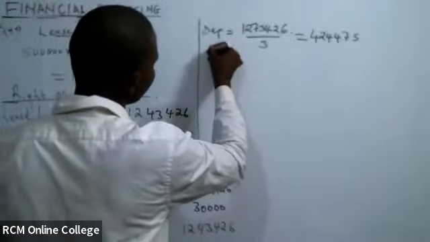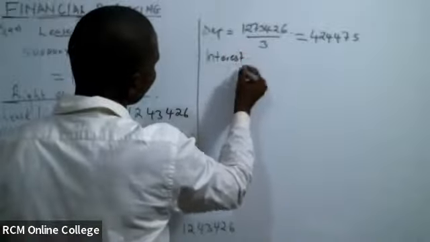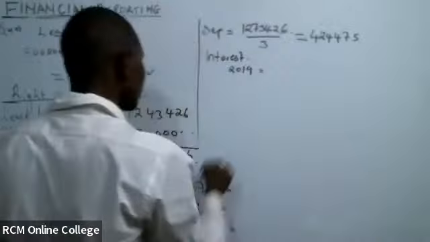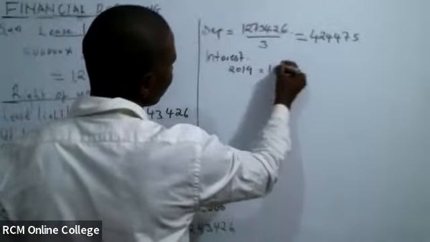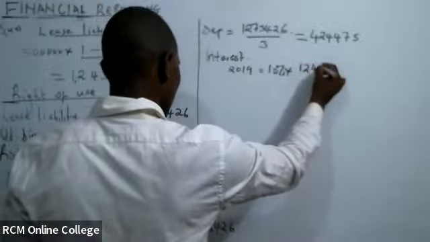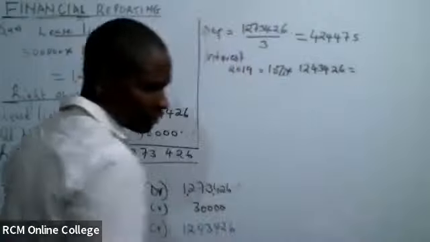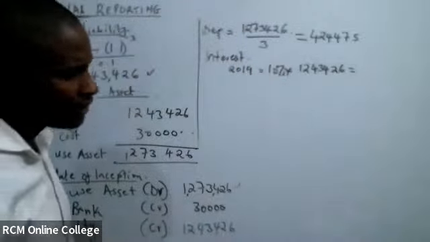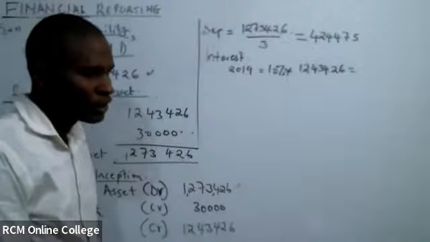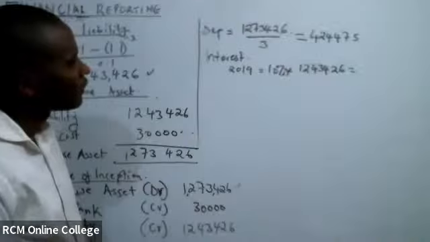The interest will be different each year. Maybe 2019 will be equal to 10% of 12,434.26. How much is that? That is the 2019 interest.